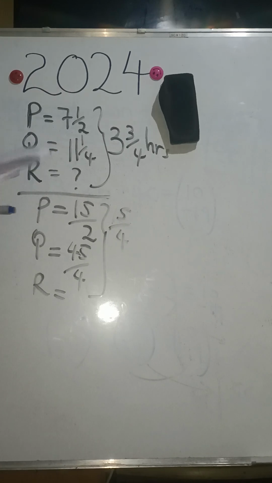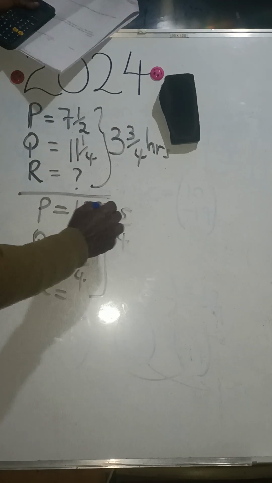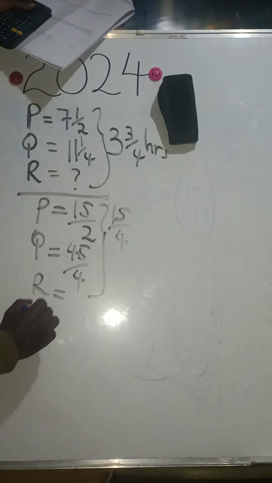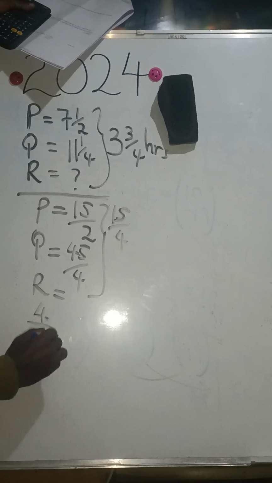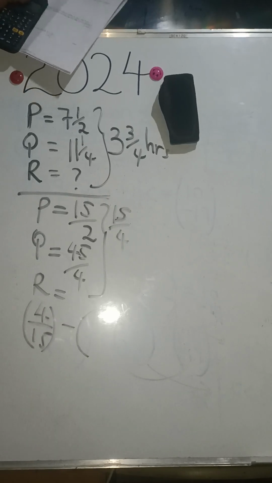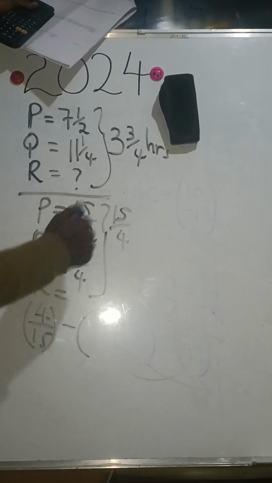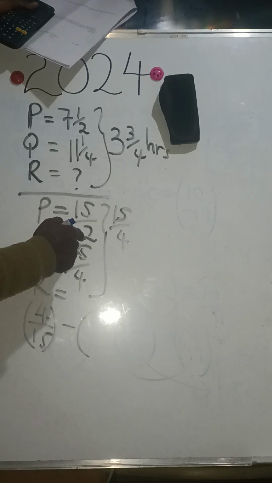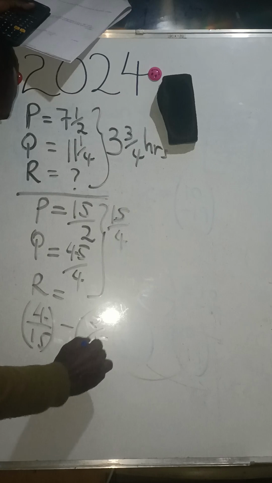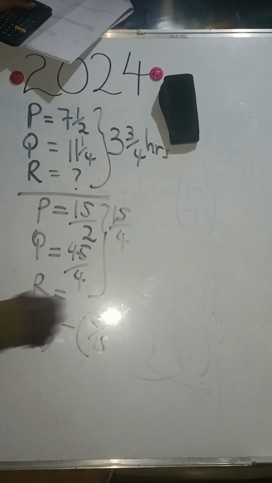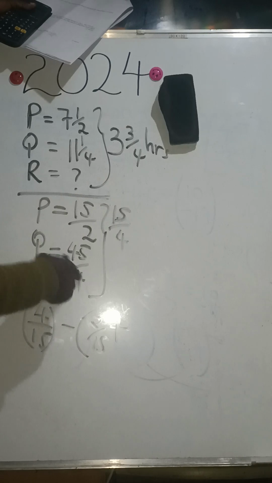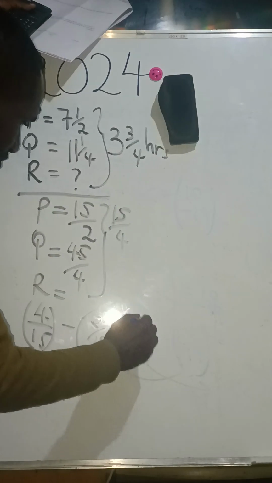For example, if the three are taking 15/4, then the work they can do is the reciprocal of that, which gives us 4/15. That's the work the three can do if they're working together. But now we are told that P can take 15/2 hours, so the work it can do is 2/15. Then we add the work that Q can do, which is 4/45.